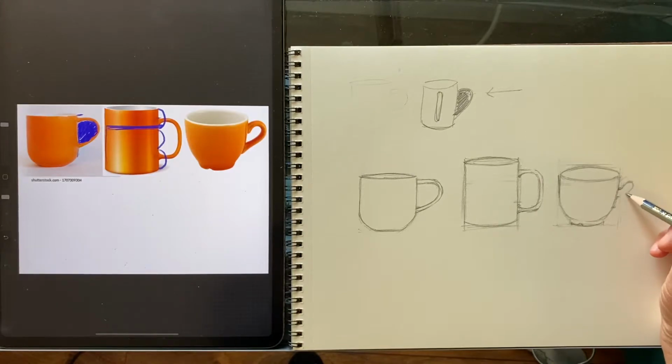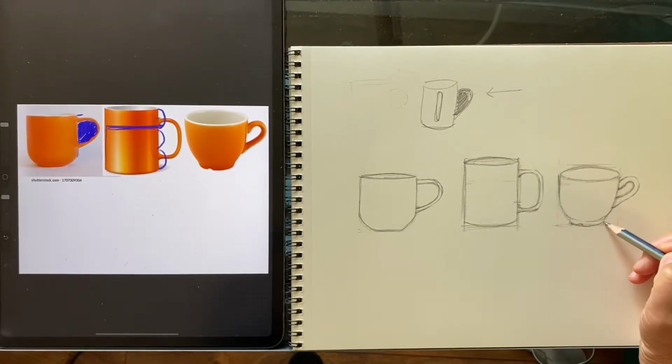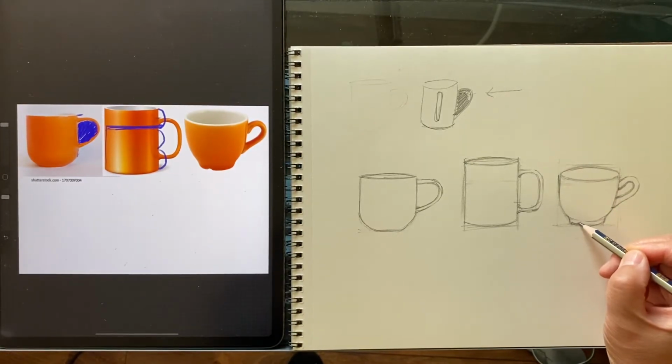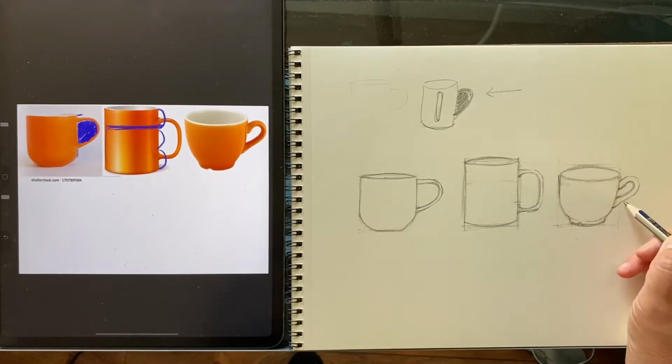The shape of the negative space looks like this. Yep.